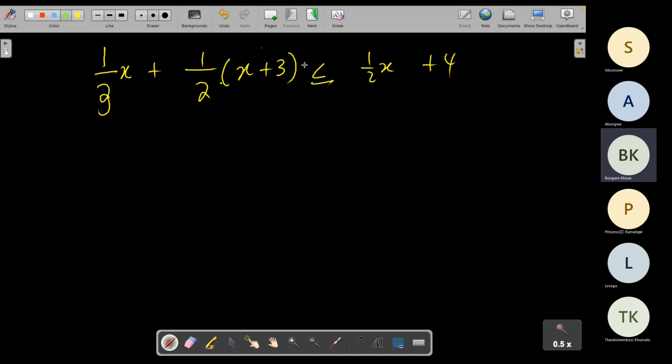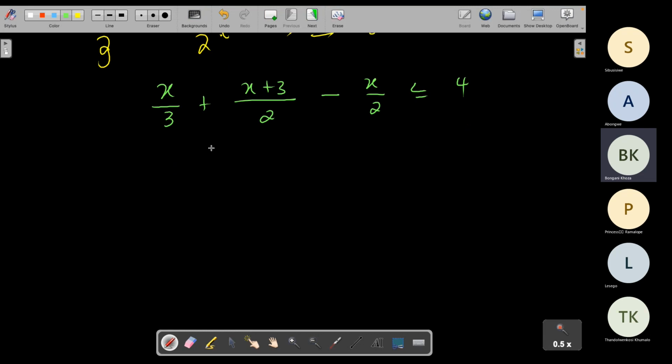Or you can just bring this one here first. x over 3 plus x over 2 plus 3 over 2, and take this one to the other side, it's just x over 2. So we are trying to have a common denominator.